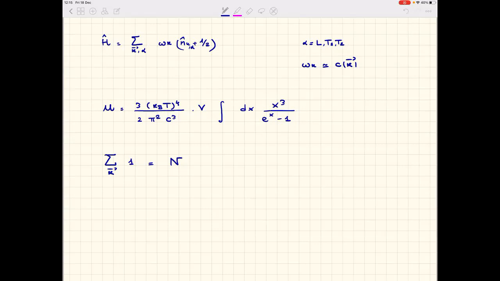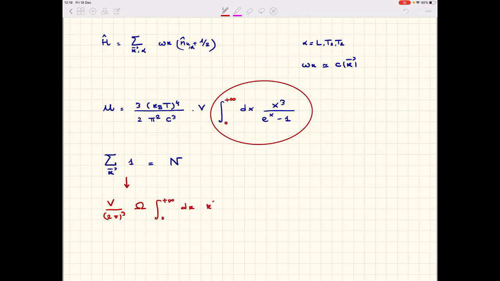Now, this tells me that this integral here, unlike for the case of photons, cannot be between the limits 0 and plus infinity. This would not make sense, because if I took it between 0 and plus infinity and did the same in passing to the integral here, V over (2 pi) cubed, solid angle, integral 0 to plus infinity, dk k squared, I would never be able to satisfy this constraint.